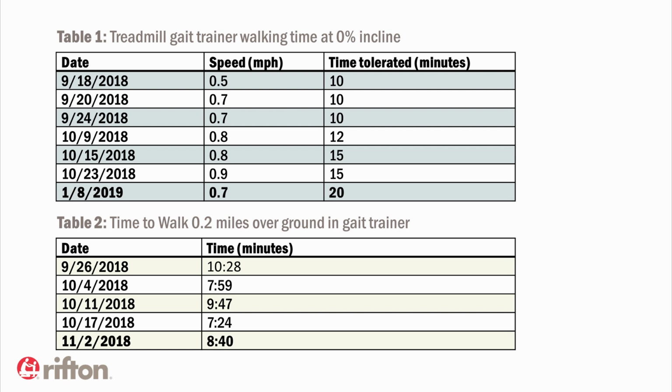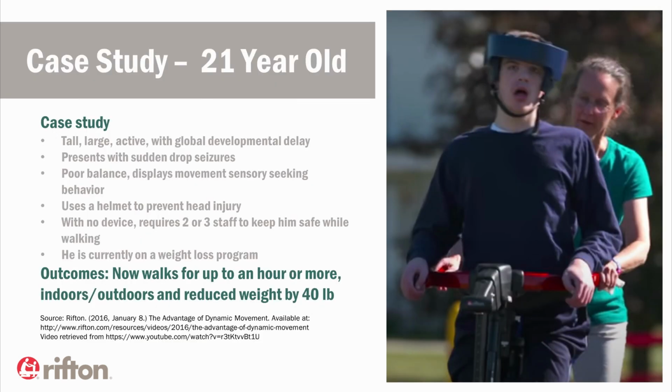And over the course of 1 month, when walking 0.2 of a mile, she also increased her walking speed. Most important of all, perhaps, is her level of enjoyment in the activity. She loves walking on the treadmill with this gait trainer, listening to her favorite music, and gets off sweaty and happy. So she's really getting the benefits of exercise-induced endorphins, and it makes a great option for her.